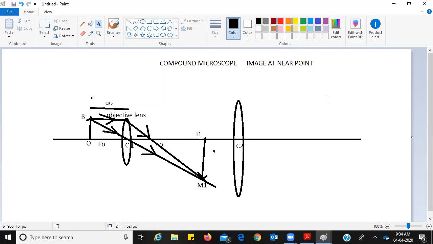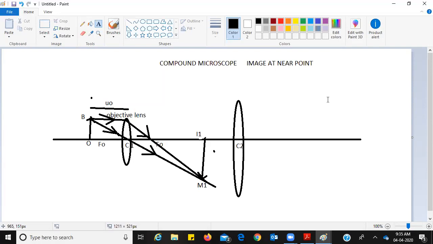So beyond that, that is why I asked you the last question before I started this topic. You remember how to get the image at far point and near point? So we have to put the lens at FO, on the right hand side. I think we have to put the lens at the second FO.